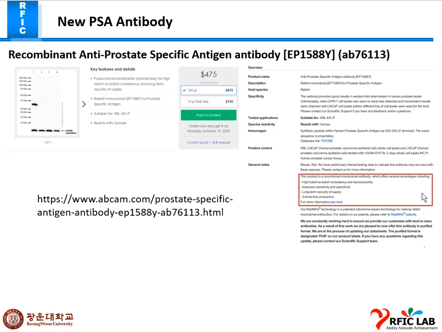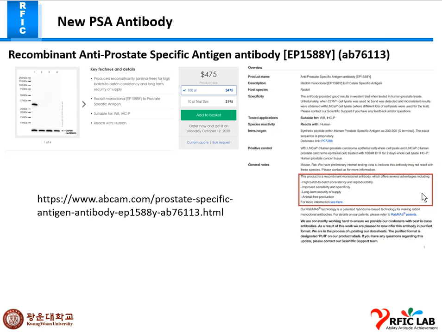So we moved to the monoclonal antibody, which offers several advantages, like batch to batch consistency. It means the bonding is very strong and the reproducibility is very good compared to the previous antibody. And the best part is the improved sensitivity and specificity of this product.